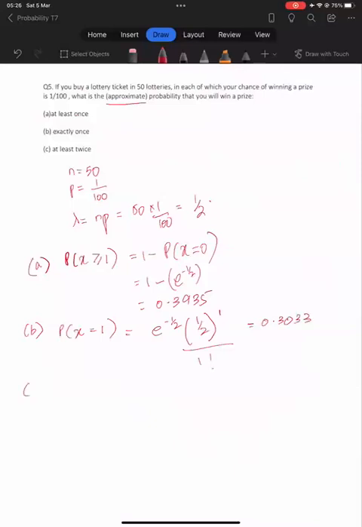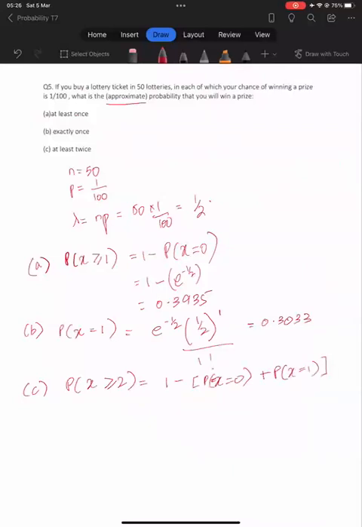Then C is that we win at least twice, so greater than or equal to 2, which means 1 minus the probability x was either 0 or 1. We either won once or we never won.